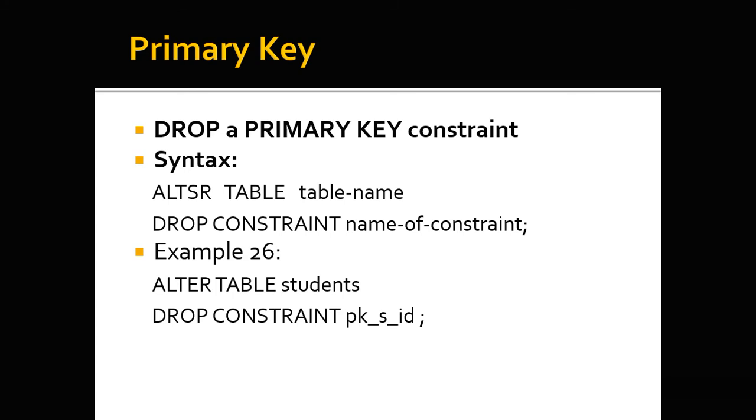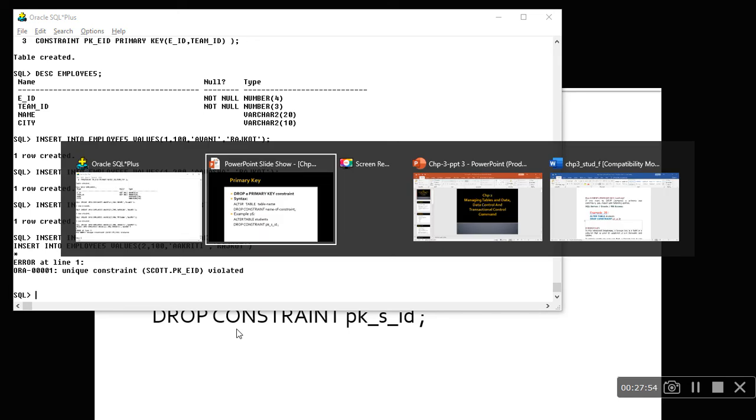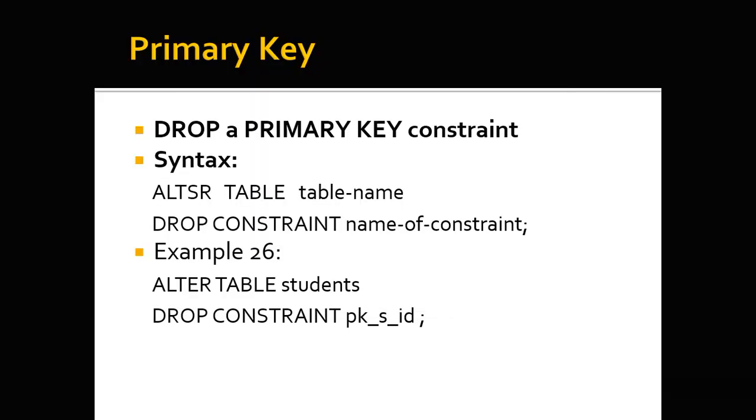Let us move back to our SQL screen. What we will write here, we'll use the alter table command of SQL. Let us see the syntax of alter table first. For that I will write the keywords alter table and the name of the table which already exists in your Oracle database.